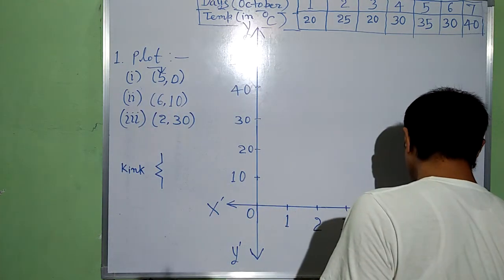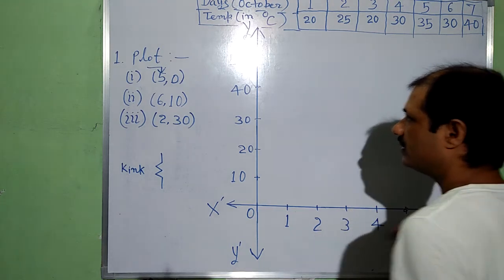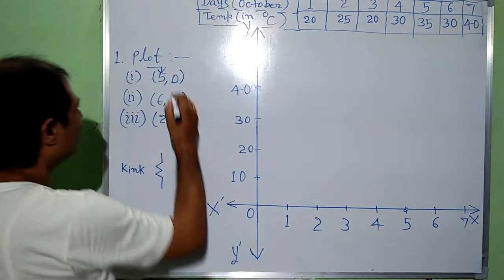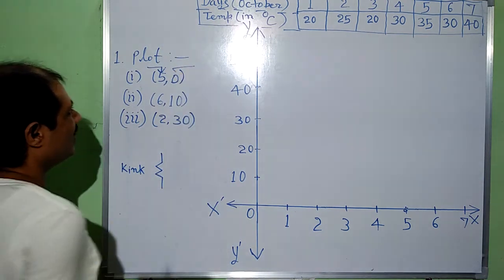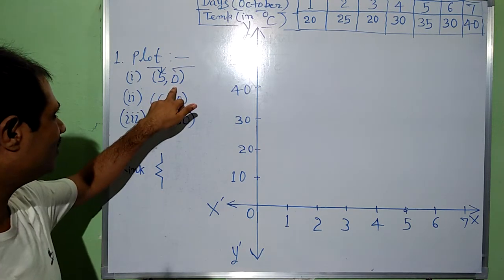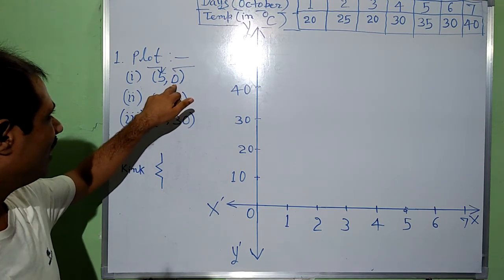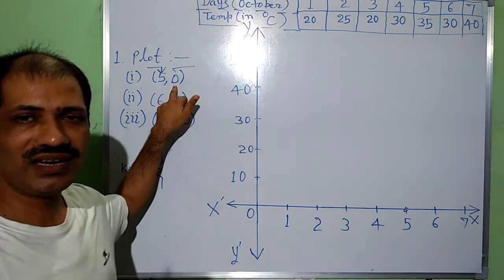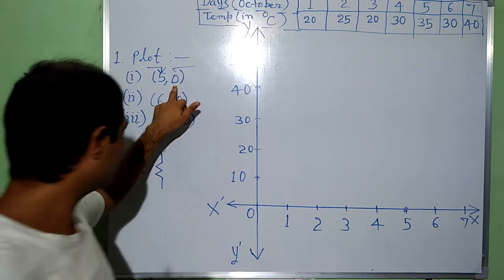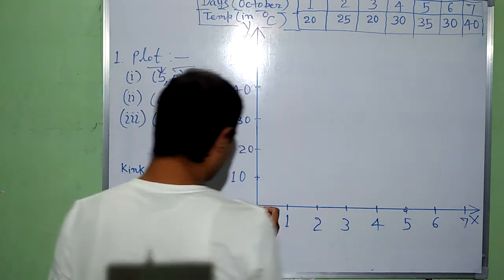Now we are at this point. This is the distance along the x-axis, and the second element is 0. The second element of this ordered pair (5, 0) is 0, and this 0 denotes the distance alongside the y-axis.